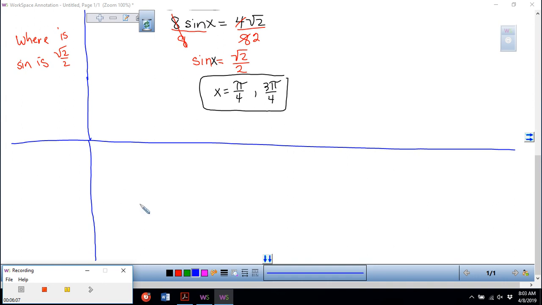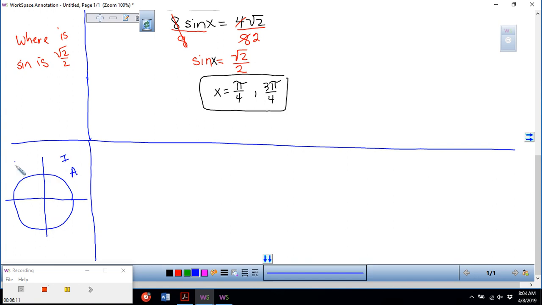Now before we move on, I want to just give you a quick way to remember where your functions have positive values. In the first quadrant, all of your functions are going to have positive values.